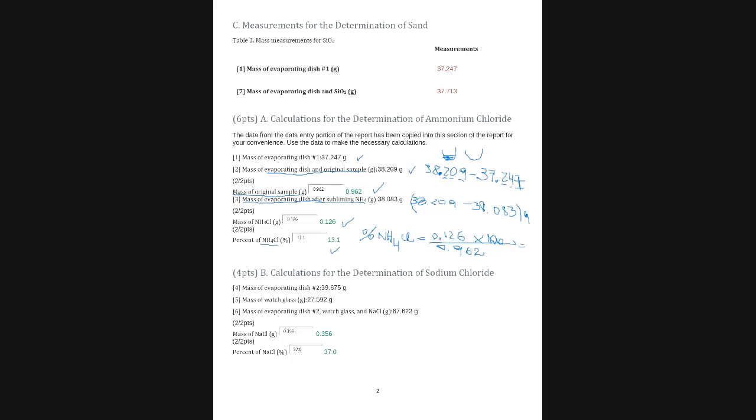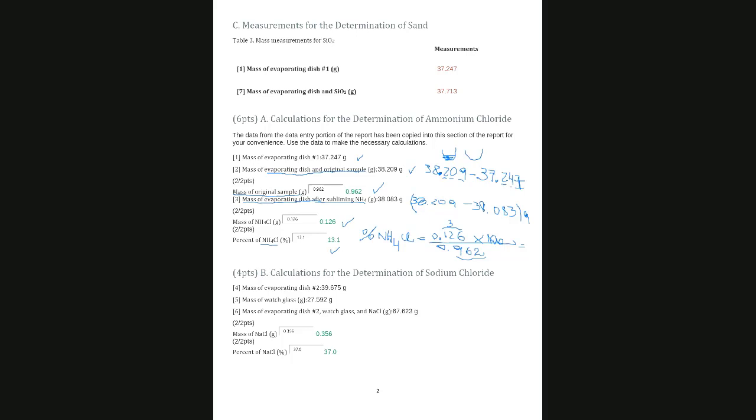I look at the number of significant figures, and I pick the number with the lowest number of significant figures. In this case, this one has 3 sig figs, and this one has 3. So my answer has to have 3 sig figs. So I write 13.1. Any questions so far on what to write in the report in part A?